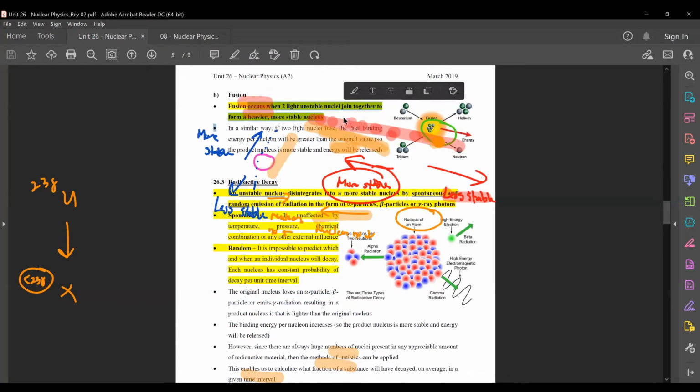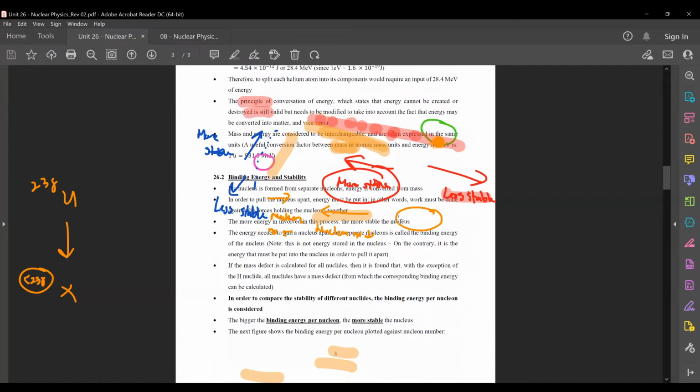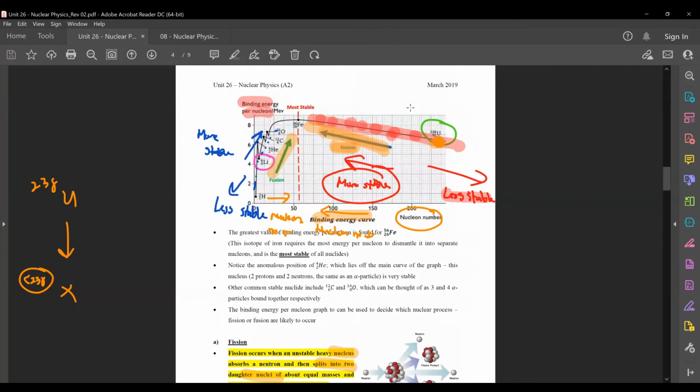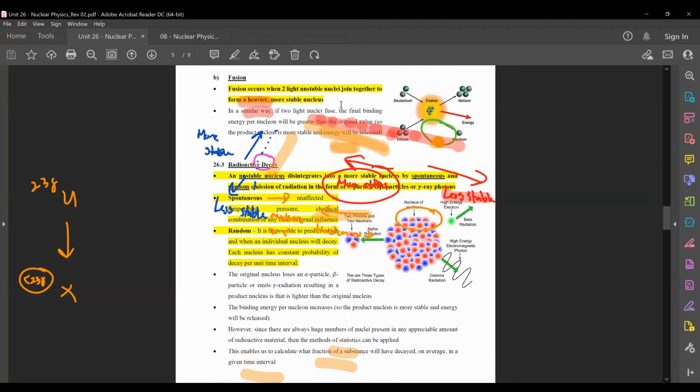So we know that it will tend to undergo nuclear fusion. That's what this graph is trying to tell you. For any element on the right hand side, if it wants to become more stable, it will undergo fission. For any element on the left hand side, if it wants to become more stable through a nuclear reaction, it will undergo fusion.